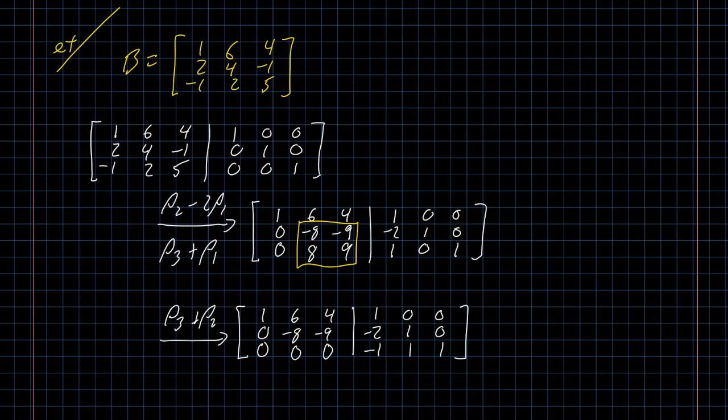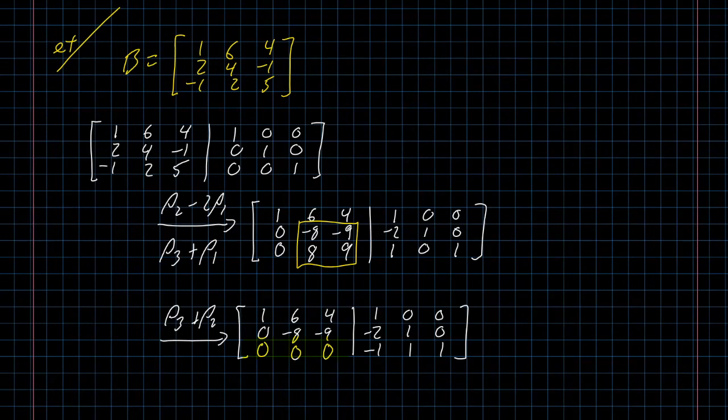But the problem is this part right here. Because on the left-hand side, I have a row that is entirely 0. There is no way to come back from that. There is no way to come back from a row that's entirely 0 to get the identity matrix, which has to have a 1 in one of the entries and nowhere else.